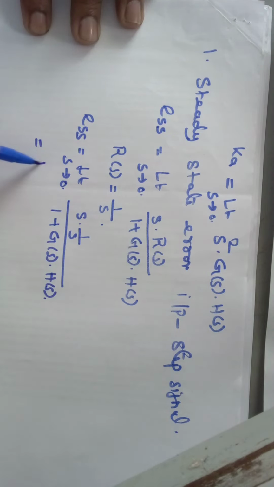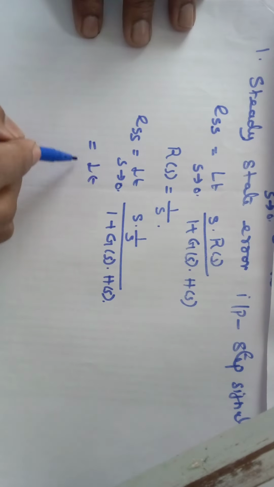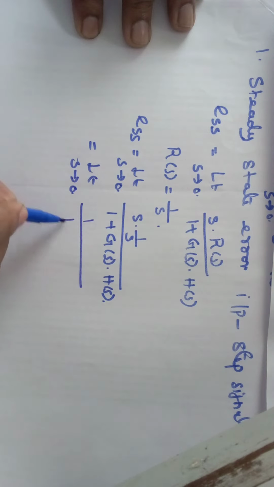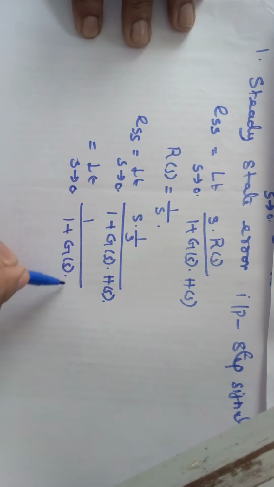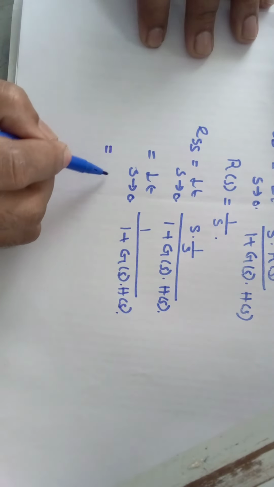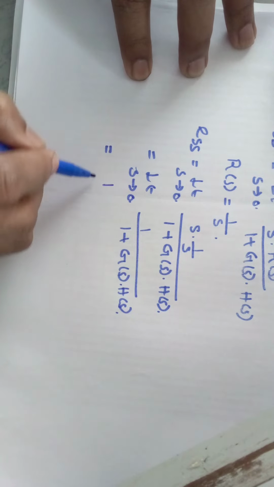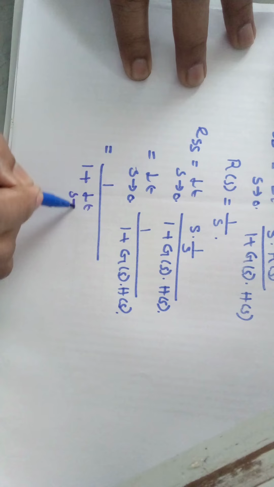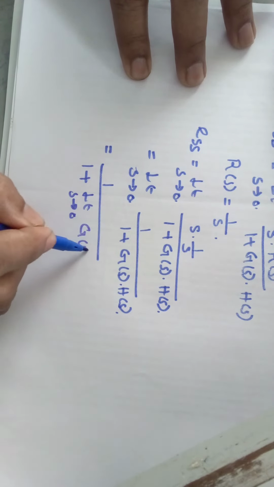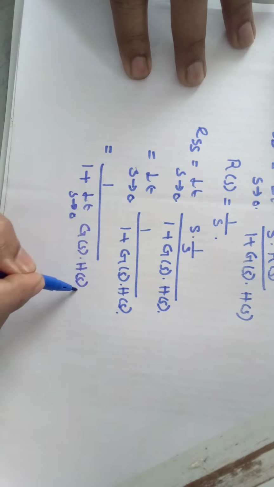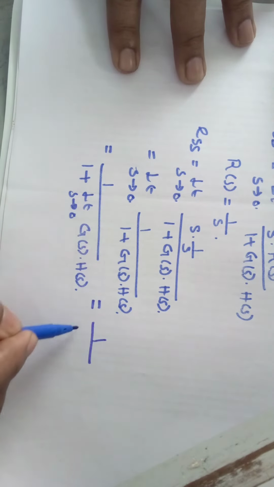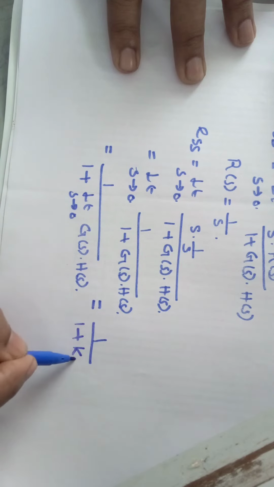This is nothing but limit s tends to 0 of 1 by 1 plus G(s) into H(s), which is equal to 1 divided by 1 plus limit s tends to 0 of G(s) into H(s), which is equal to 1 by 1 plus Kp.